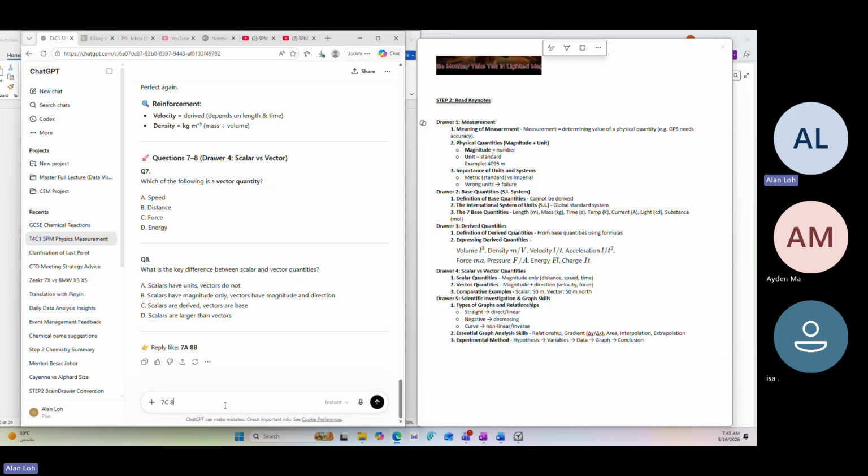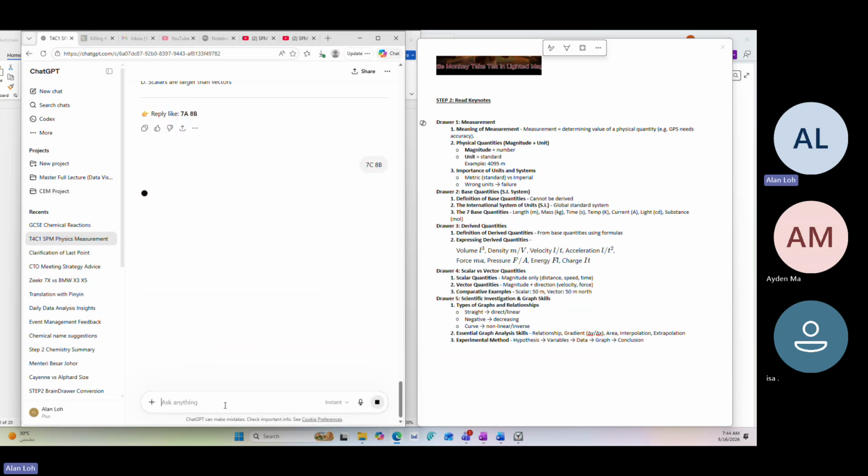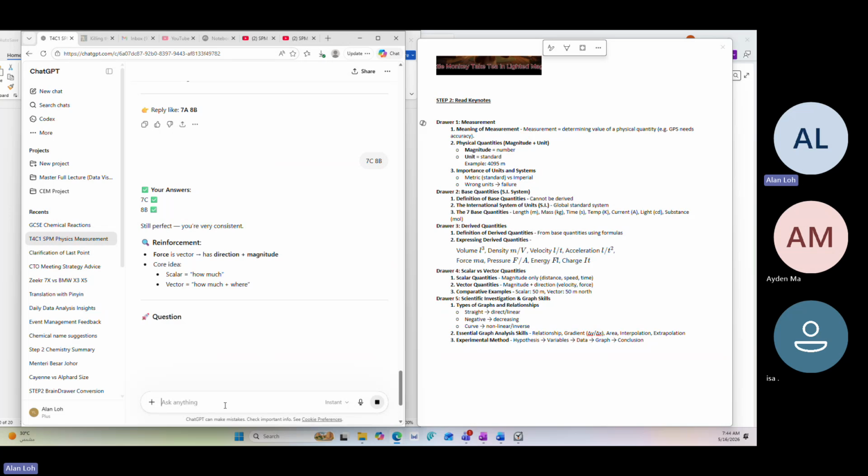Scalar quantities. B. Aiden, do you agree it's B? Right? Remember the magnet and the compass. Okay, me too. I agree this is the answer. Yes, I saw you agree.